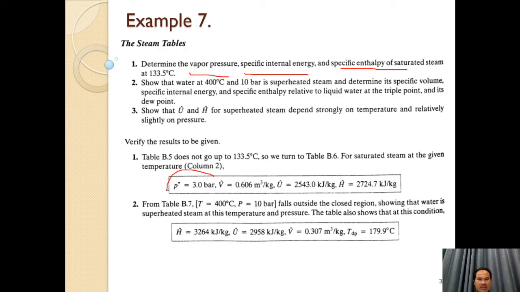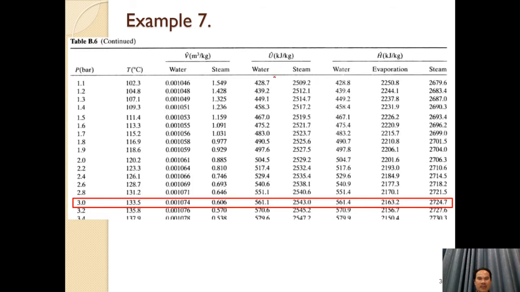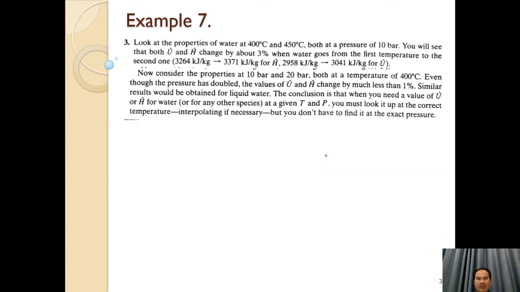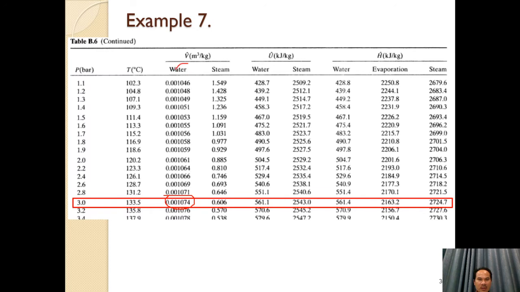Then the specific volume, specific internal energy, and specific enthalpy. In this case it is saturated steam, the vapor phase in equilibrium with the liquid phase. This is for the liquid.